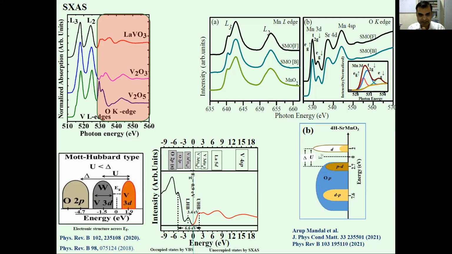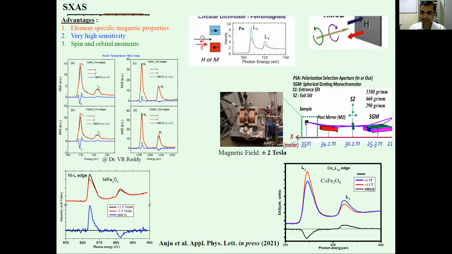So by combining that resonant photoemission information with X-ray absorption spectroscopy, which gives us the complete mapping of the electronic structure across the Fermi level, we can get information whether the given material is a Mott-Hubbard type insulator or a charge transfer type insulator. All these studies one can do.